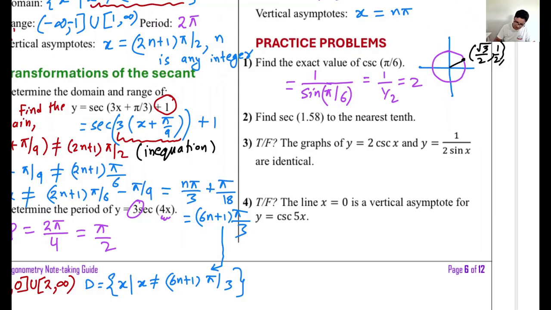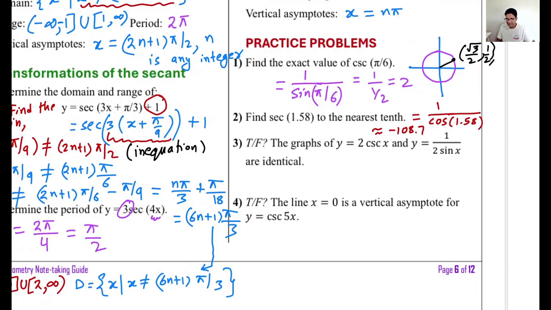So what you should do is evaluate sec 1.58 as 1 over cos 1.58. And remember, if the unit is not mentioned like this here, that is radians. So make sure your calculator is in radians mode and evaluate that. I will also do so and write the value here, and you can check if you are using the radian mode correctly and if you are rounding to the nearest tenth correctly.